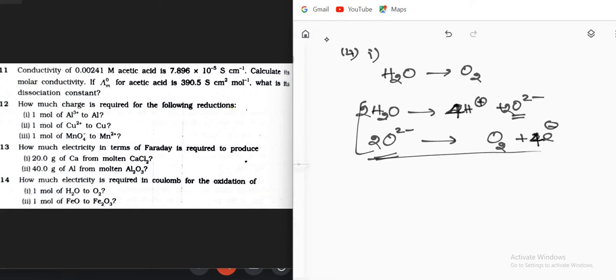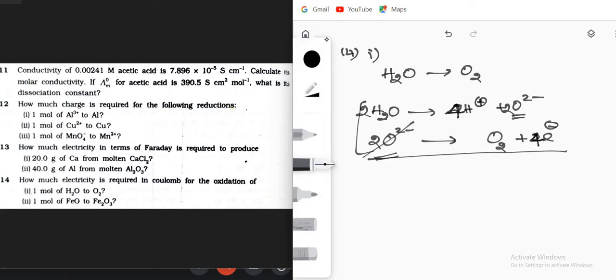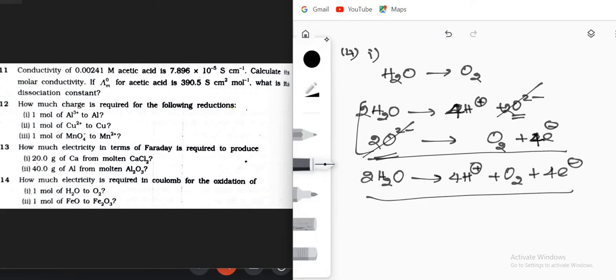Now let me add them. If you add, you can cancel the left hand side and right hand side. So what we'll get is 2H2O giving 4H+, O2 and release of 4 electrons.